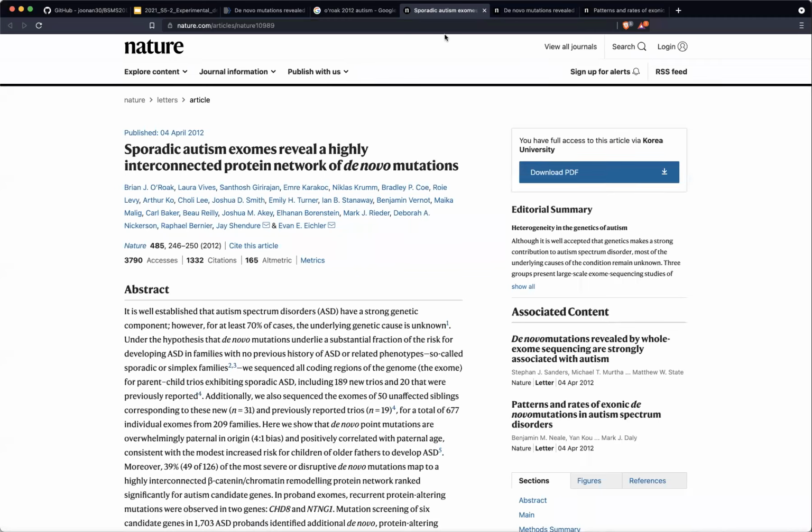So why do I call this paper revolutionized? The reason is that there is almost zero chance to replicate the results between studies. And that is the first thing. Another thing is, in 2012, we didn't know anything about autism.